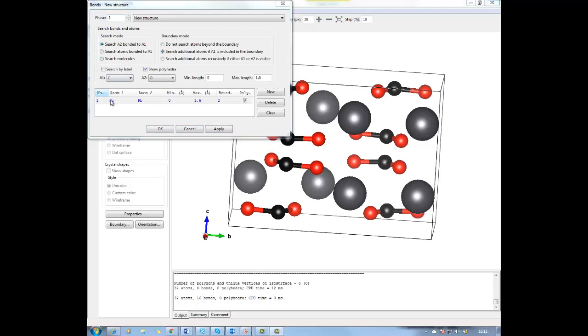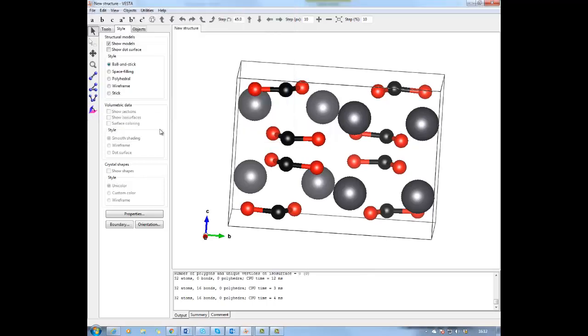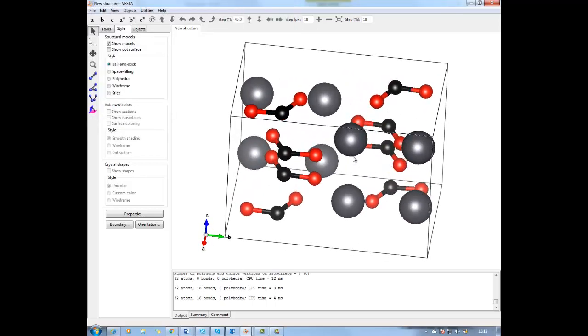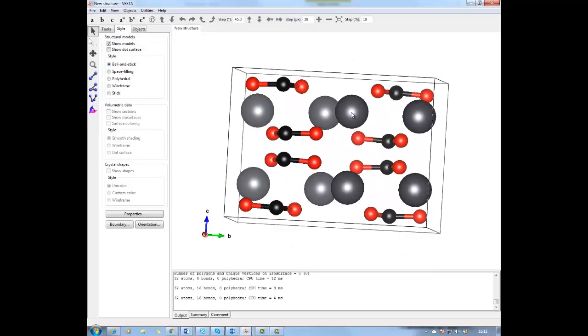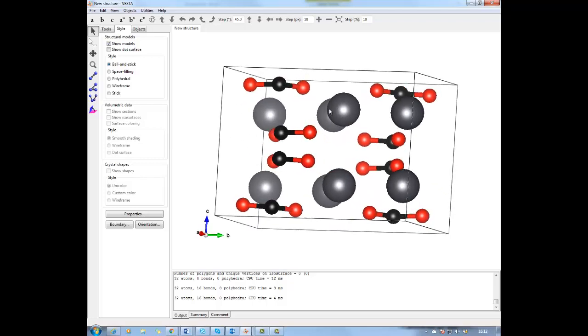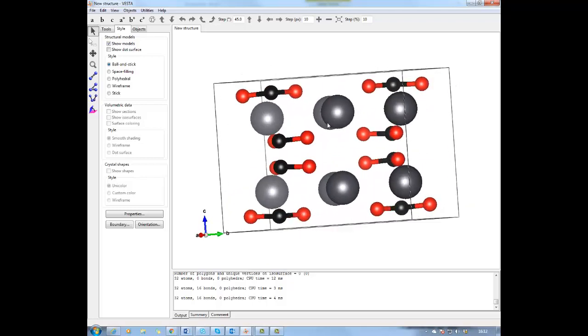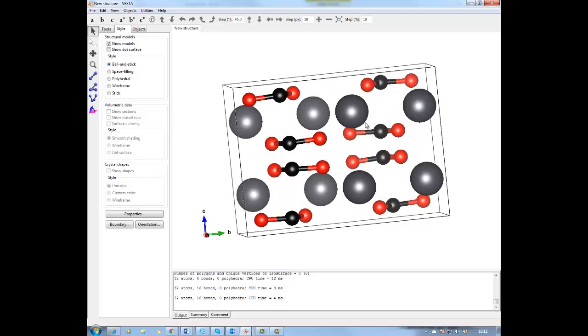For the bonds, I'm going to specify a new one, and then I want them between carbon and oxygen, which I've just done. I'll delete this line off. Carbon and oxygen. Okay, and I say okay. Now I can see my carbon and oxygen bonds, and you can see that cerussite also has a layered structure. It just doesn't have the hydroxide ions in.